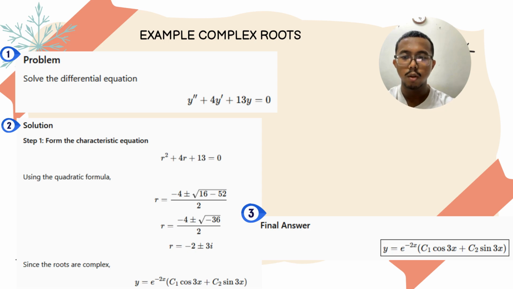Therefore, the general solution becomes e to the power of negative 2x multiplied by the quantity c1 cosine 3x plus c2 sine 3x. Hence, the final answer is y equals e to the power of negative 2x times the quantity c1 cosine 3x plus c2 sine 3x.